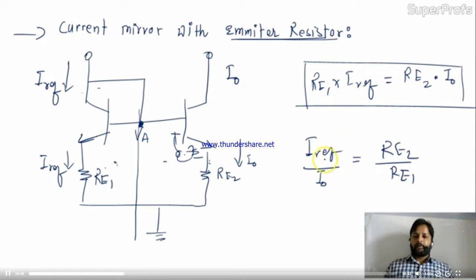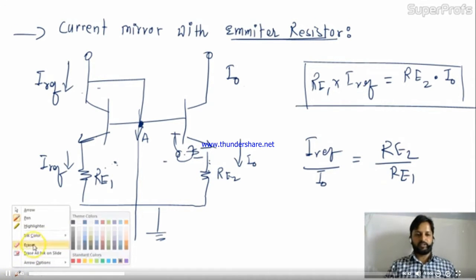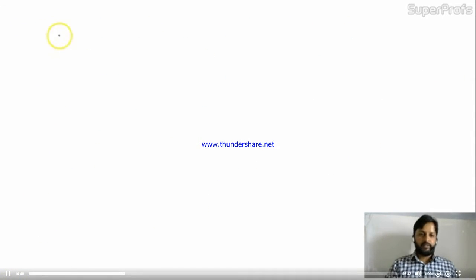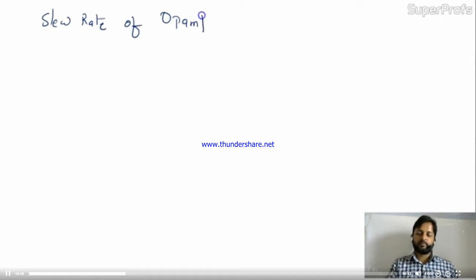Now let's come to topic 2 of the day, okay? And that topic is slew rate. Okay friends, so we have seen what the slew rate formula is. Now we'll see something in detail.